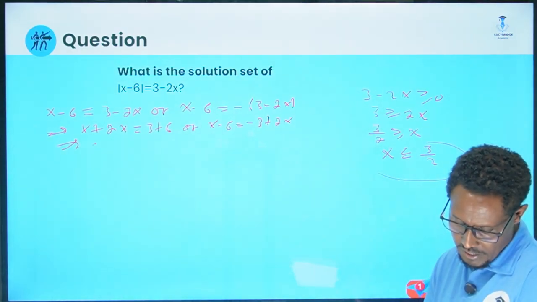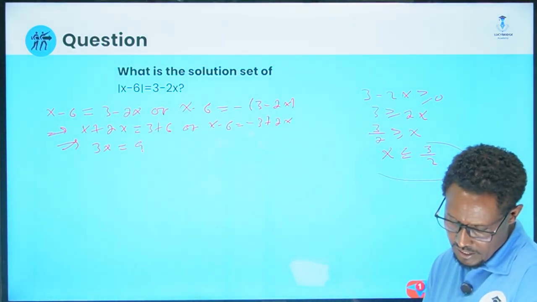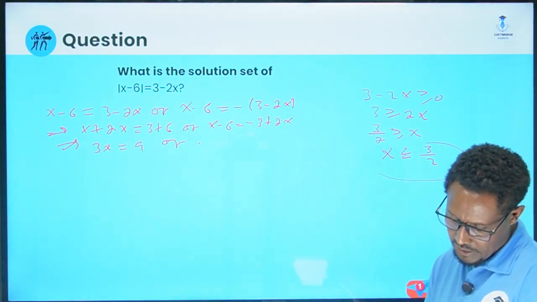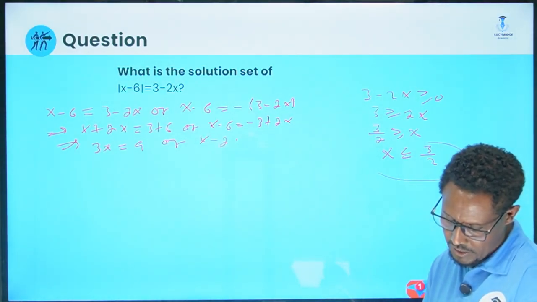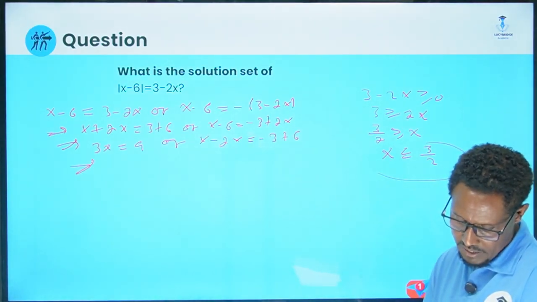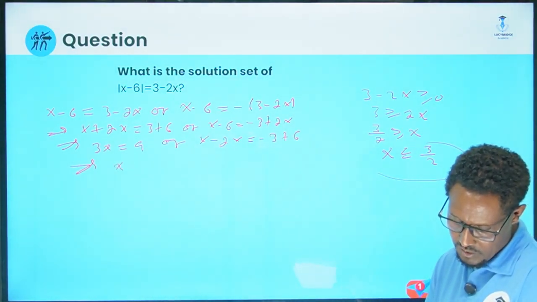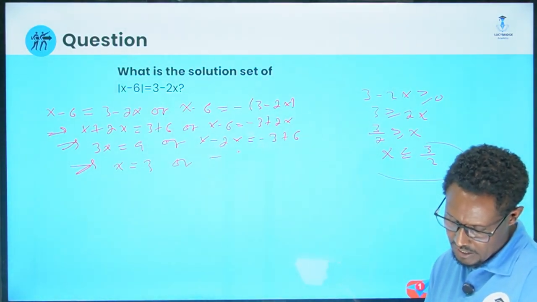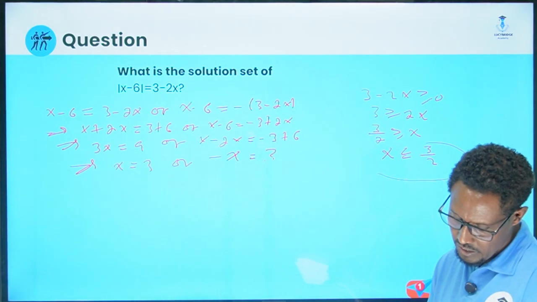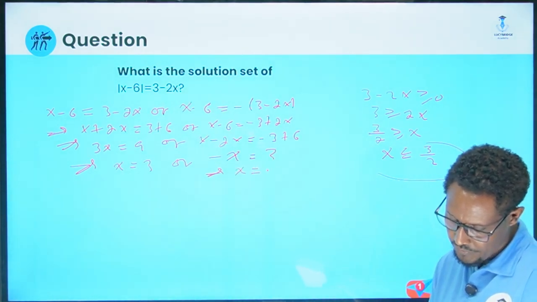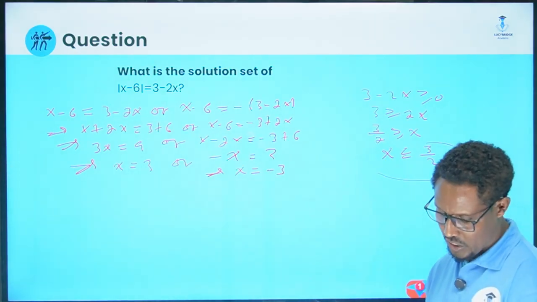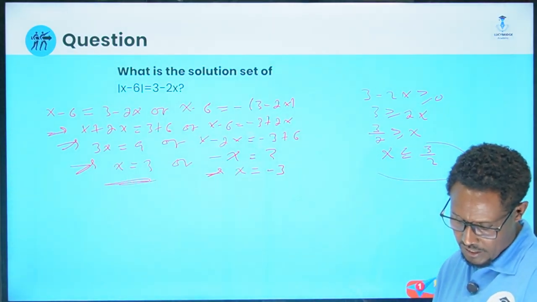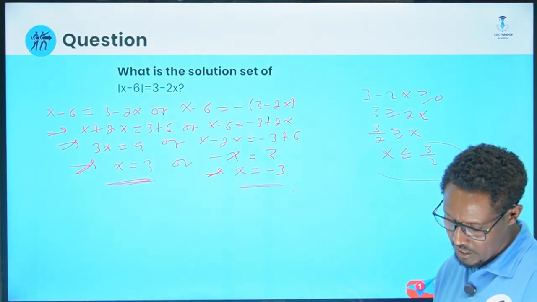This means 3x is equal to 9, or collecting like terms, x minus 2x is equal to minus 3 plus 6. Dividing both sides by 3, x is equal to 3, or minus x is equal to 3. Dividing by negative 1, x is equal to minus 3. Now we have two solutions, x is equal to 3 and x is equal to minus 3.